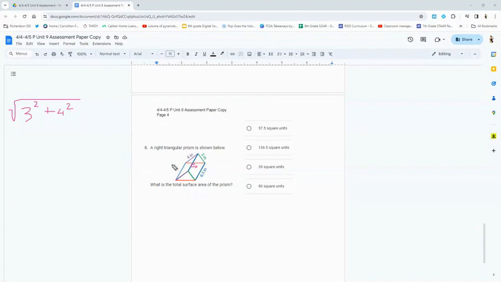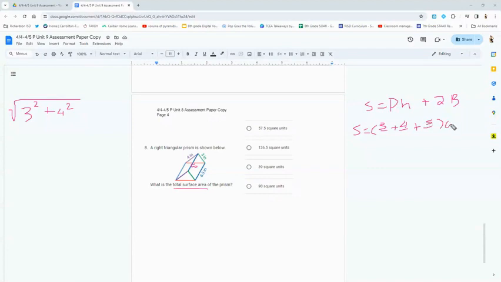So now for total surface area, I have my formula, which is S equals PH plus 2B. I know that my perimeter of my base has 3 sides, so I'm going to do 3, 4, and 5.